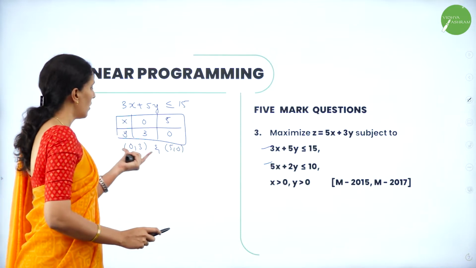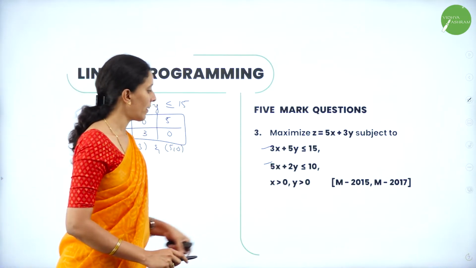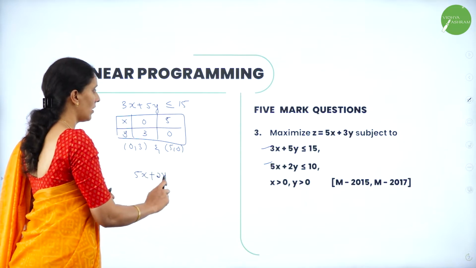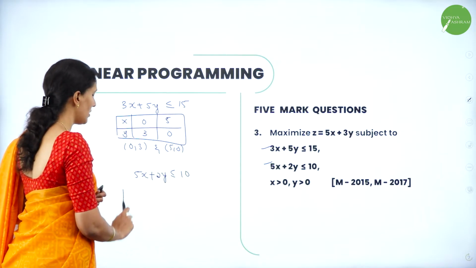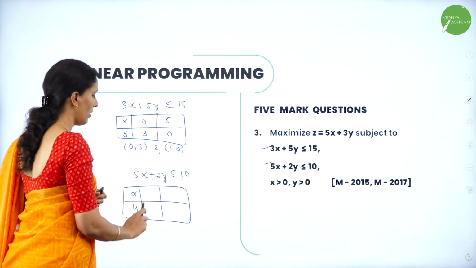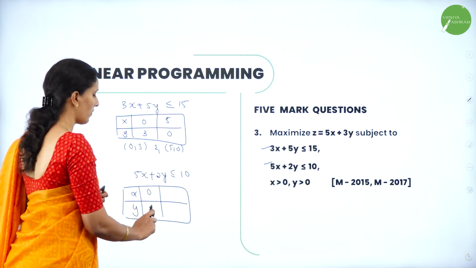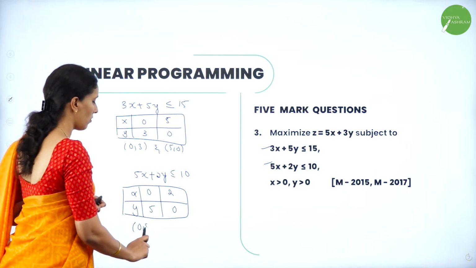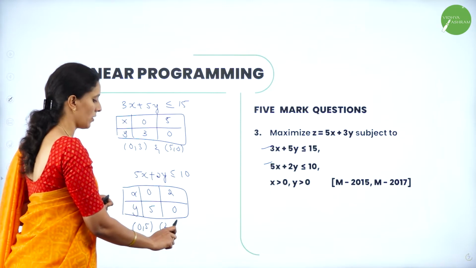So these are the points for the first equation. Let us find points for the second equation, 5x plus 2y less than or equal to 10. Just write the solutions. x, y. If x is 0, y is 5. If y is 0, x is 2. So therefore the points are 0, 5 and 2, 0.